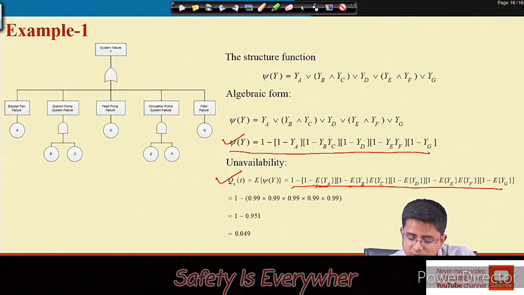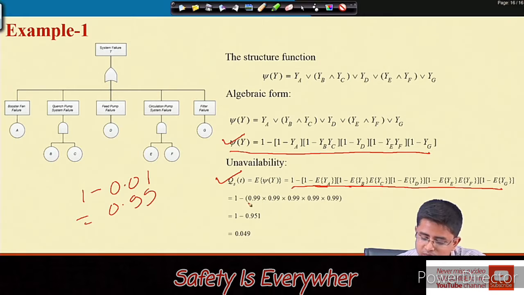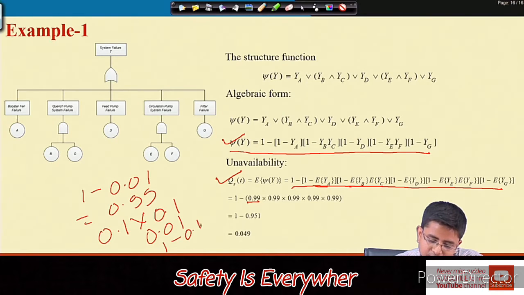The probability of A is given as 0.01, so 1 minus 0.01 will be 0.99. We have written 0.99. Then for yb and yc, the probability of yb is 0.1 and yc is 0.1. So, 0.1 into 0.1 will be 0.01, and 1 minus 0.01 will be 0.99.